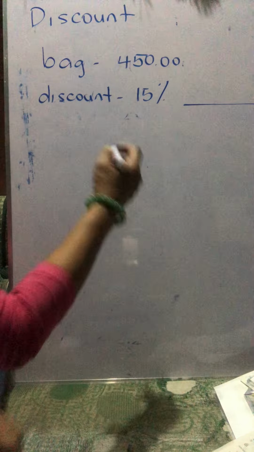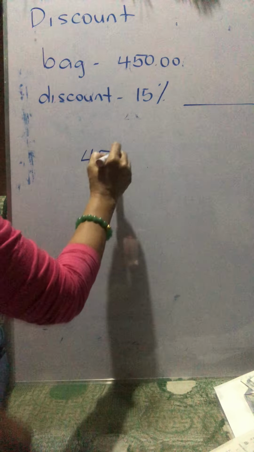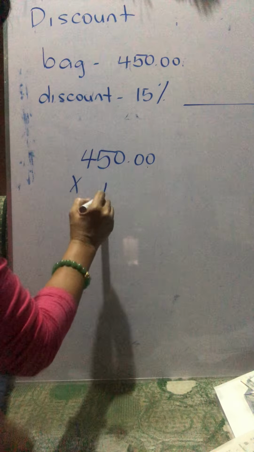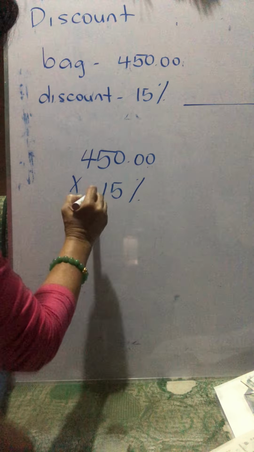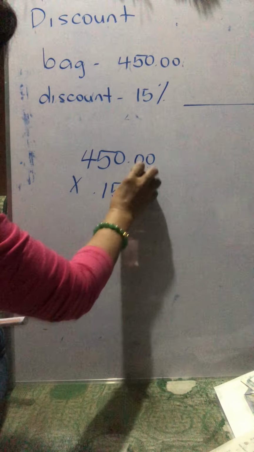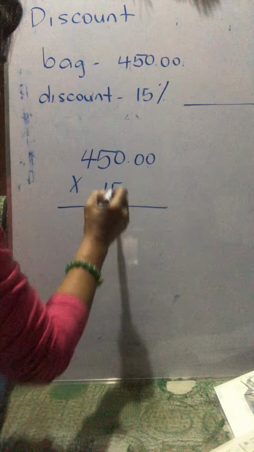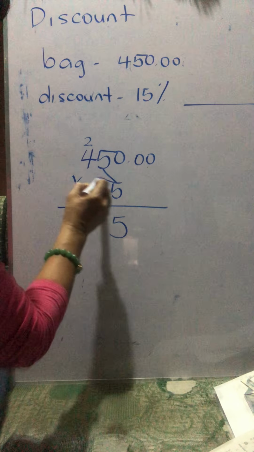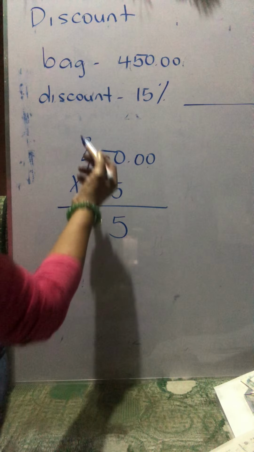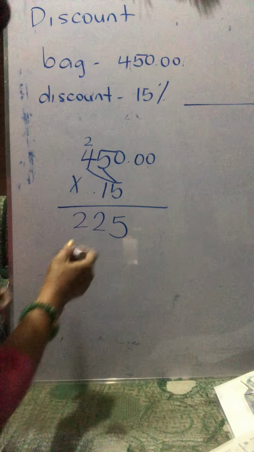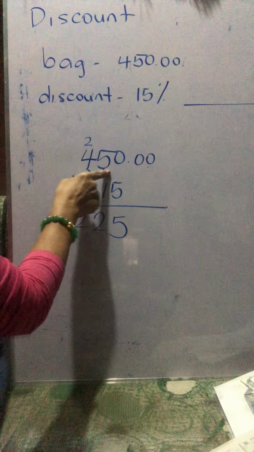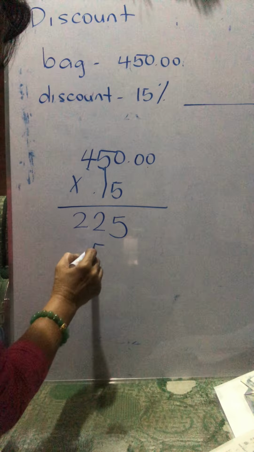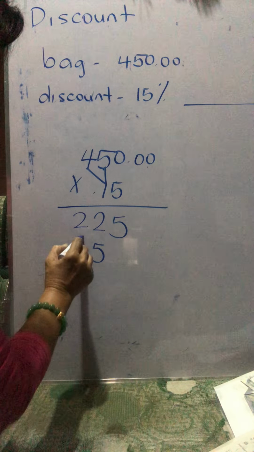For you to get that, it is 450.00 times 15% discount. So let's take off the percent. 5 times 5 is 25, carry 2. 5 times 4 is 20, plus 2 is 22. And then here, 1 times 5 is 5, 1 times 4 is 4.